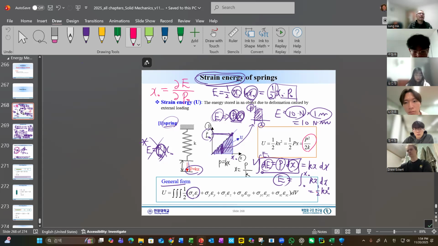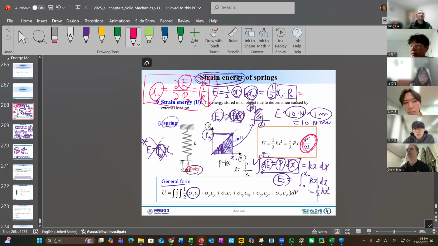But forget about that. Strain energy in terms of P0. If we take the derivative with respect to P, what do we have? We would have P times P over K, right?